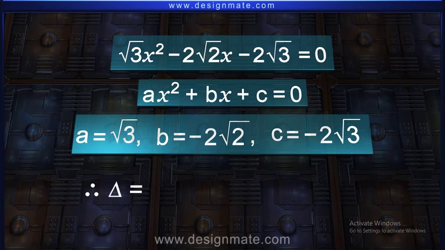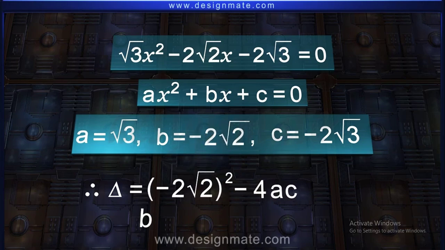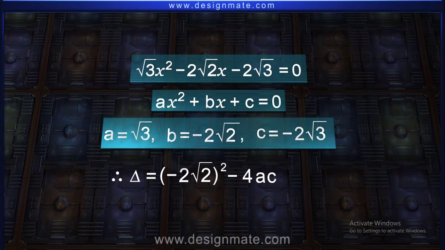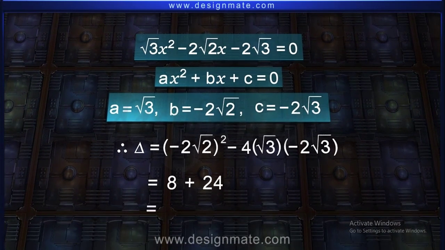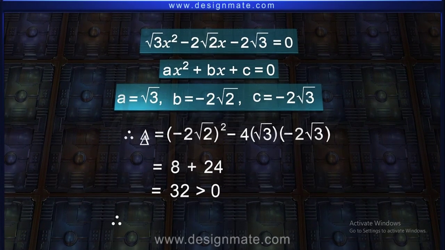Therefore, delta = b² − 4ac = (−2√2)² − 4(√3)(−2√3) = 32 > 0. Therefore, √delta = 4√2.